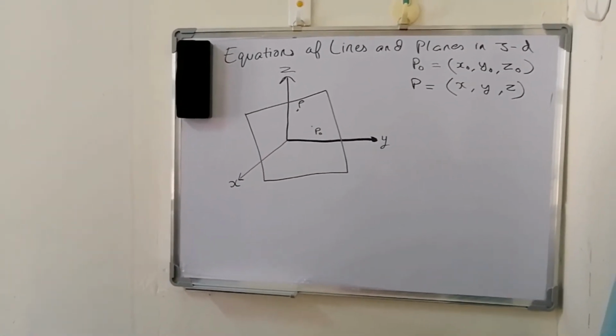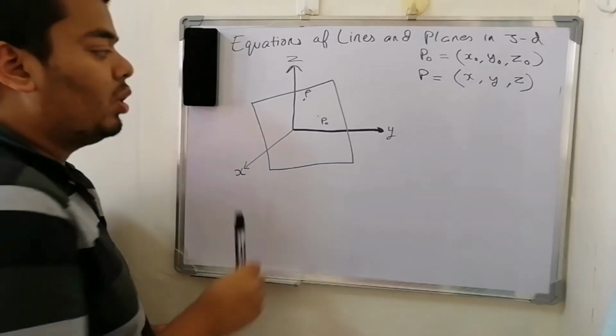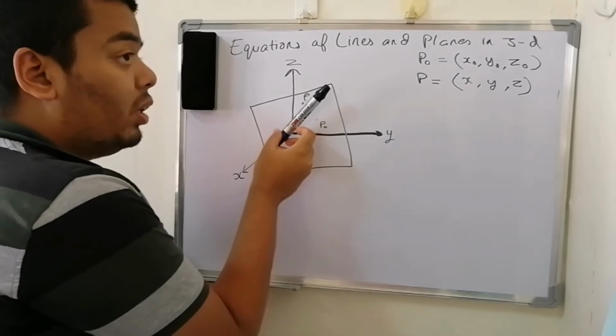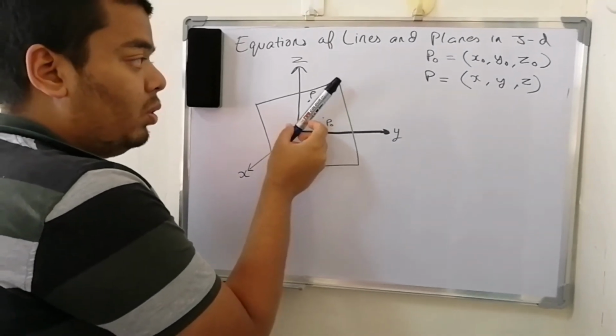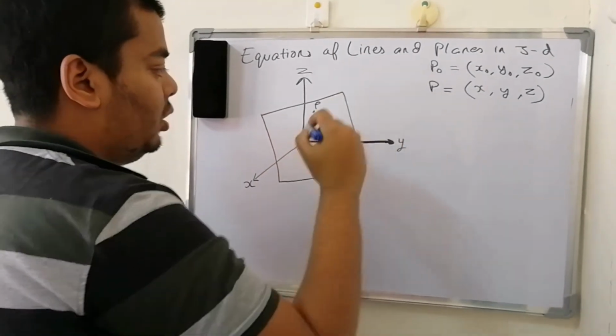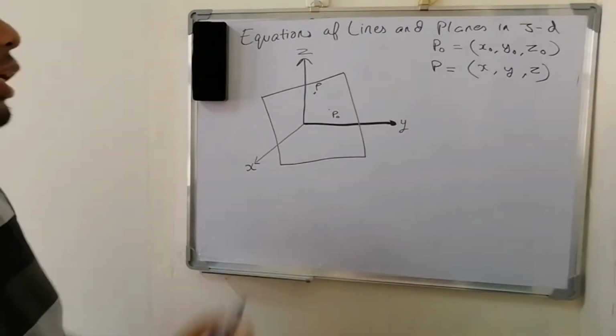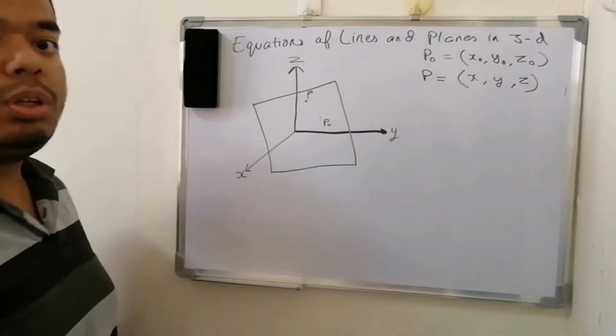We need a vector which is showing the direction of the plane. So can we have the vector which is parallel to the plane? Is it any use to us? It's not, because that vector can be in this direction, in this direction, in this direction. The vector which is parallel to this plane can be in any direction for all we know.